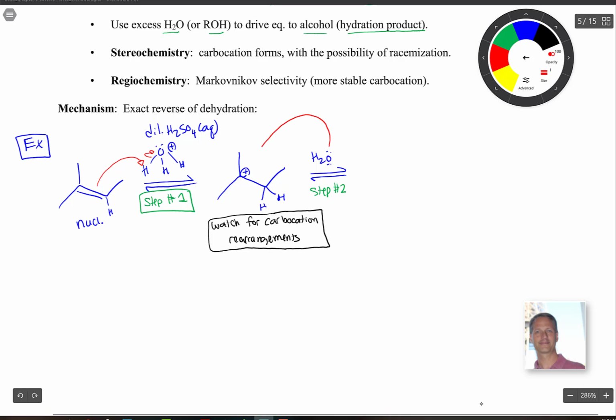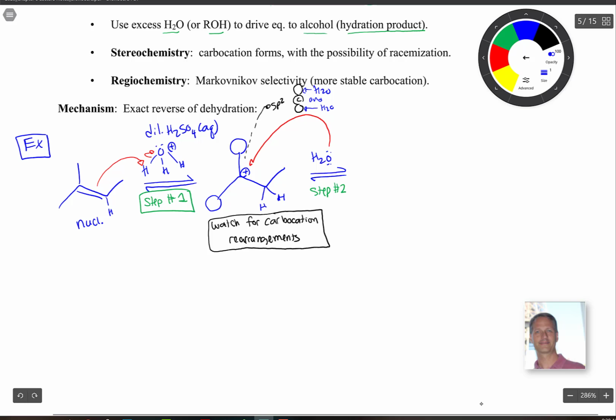So right, we're coming around here. And remember that carbon with a plus charge right there, that carbon right here is sp2, right? So recall that's your carbon with your p orbital. So the water can go here and water can go there. And that has the potential to lead to different stereoisomers. In this case, it won't, because these groups are identical.